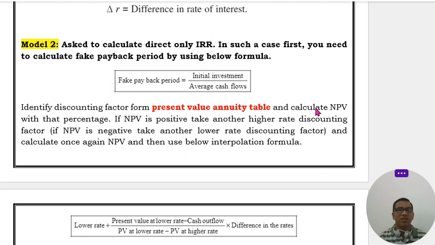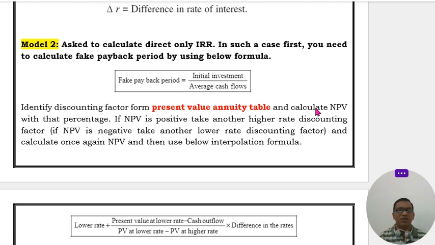In such a case, you will calculate the fake payback period and identify it from the present value annuity table, and we will assume one rate of return, one discounting factor. Using that discounting factor, we will calculate NPV, and again we will calculate one more NPV at another rate of return. By taking these two NPVs, we will use the interpolation formula and calculate the IRR value.